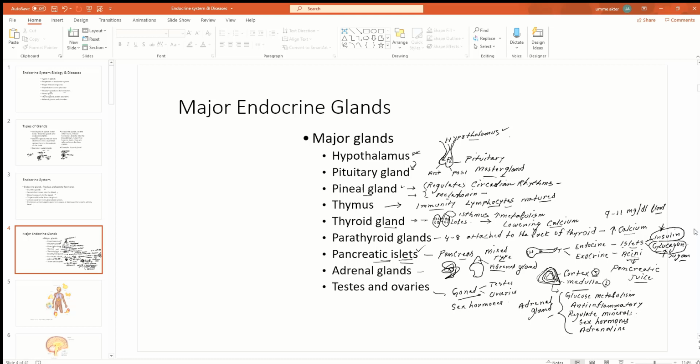And gonads also produce sperm and ovum. But that is not the endocrine function, right? That's the reproductive function. But just know that testes produce sperm and ovaries produce ovum or egg. So they are needed to form new life, right? So that's the reproductive function.